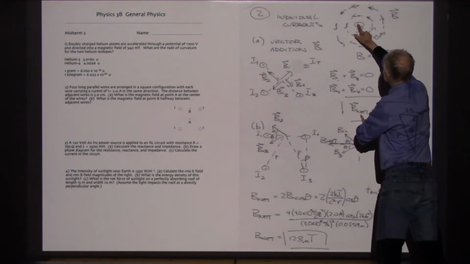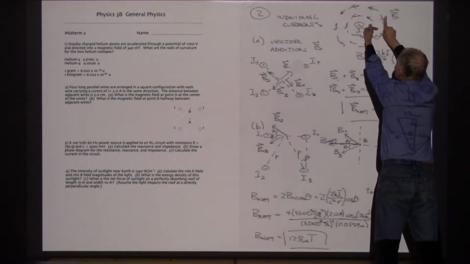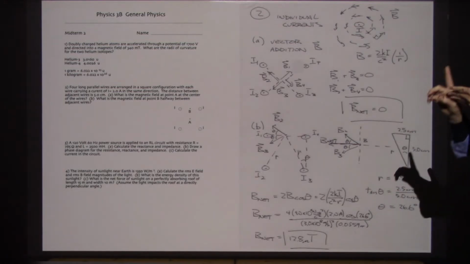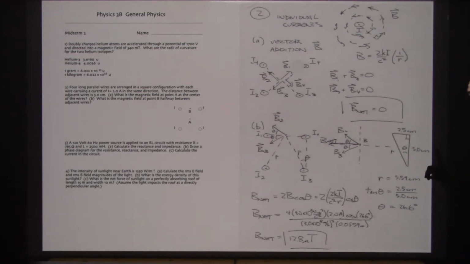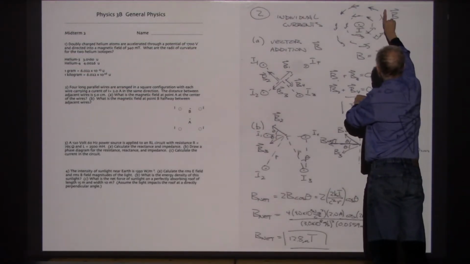If I start here and come out some distance, the magnetic field is going to be directed perpendicular to that radius. I think of that as a radius, some value of r moving away from the center of the wire, not the surface, but the center. And then we're going to have a magnetic field that is directed here.